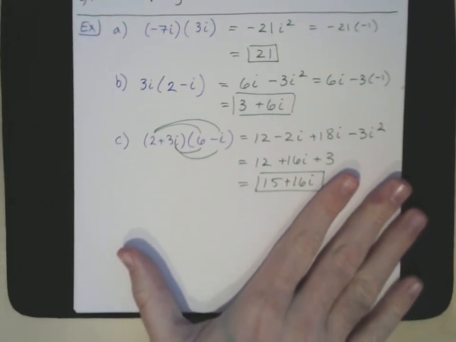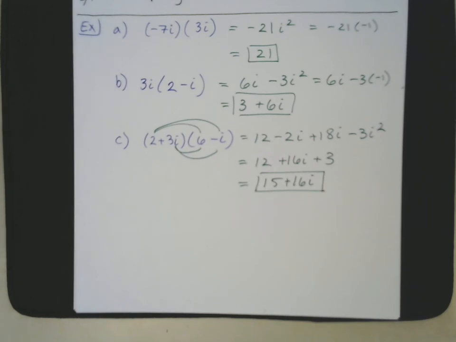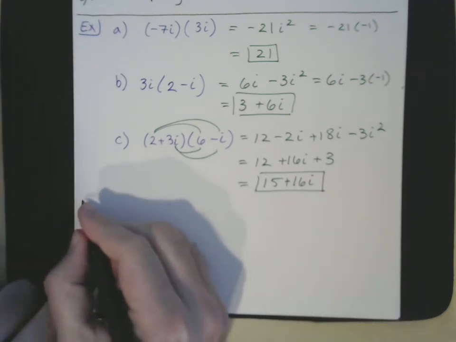Okay. So multiplying complex numbers, as I said, is not any different than multiplying variable expressions like x plus 2 times x minus 3. Just FOIL it out, treat the i like it's a variable, and then simplify once you've multiplied everything out.